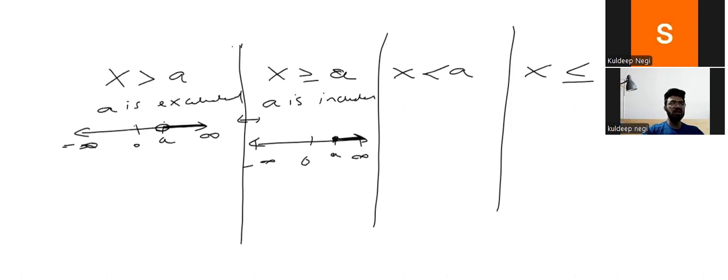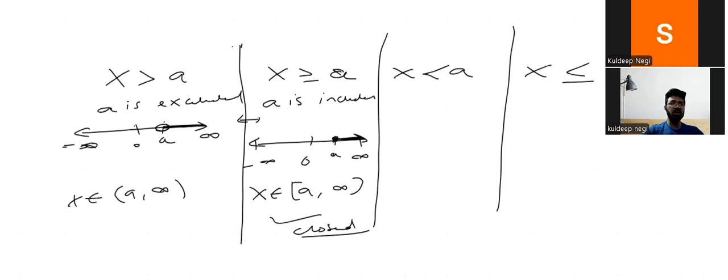The range of values is x belongs to (a, infinity) here, and x belongs to [a, infinity) here. Here the bracket is closed, which represents that the value of a is included, and here the bracket is open.